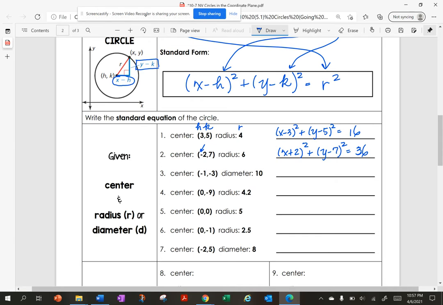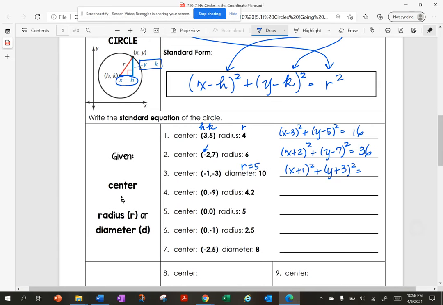Okay, when I have the diameter, I know the radius is half, so the radius would be 5 for a diameter of 10. So this is going to be x plus 1 quantity squared plus y plus 3 quantity squared equals 25. 5 times 5 is 25.